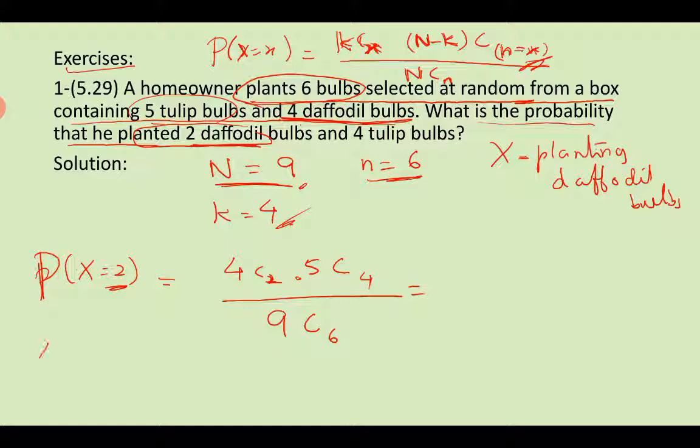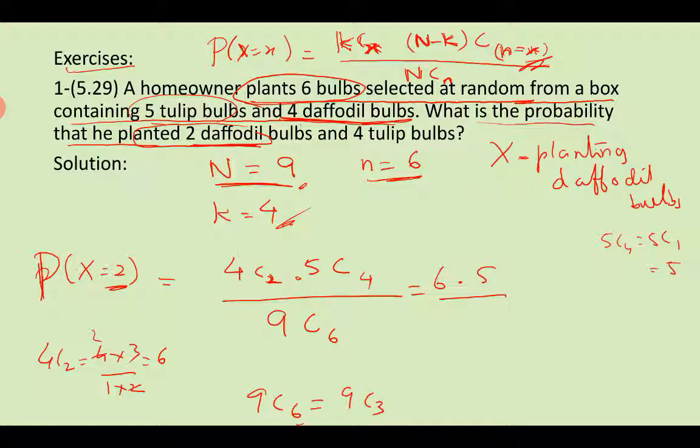Now only combinations. Find 4 C 2. 4 into 3 over 1 into 2, which is 6. 5 C 4 is equal to 5 C 1, which is 5. So the numerator is 6 into 5, divided by 9 C 6. 9 C 6 is equal to 9 C 3, since 6 plus 3 is 9.